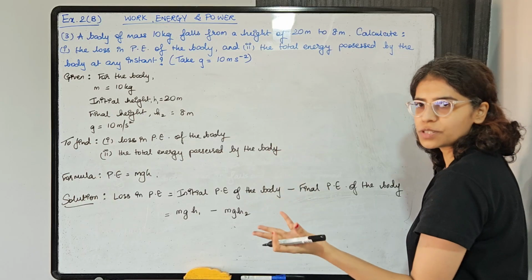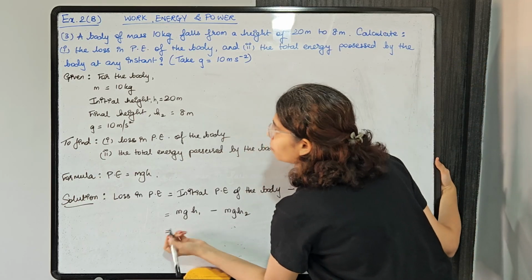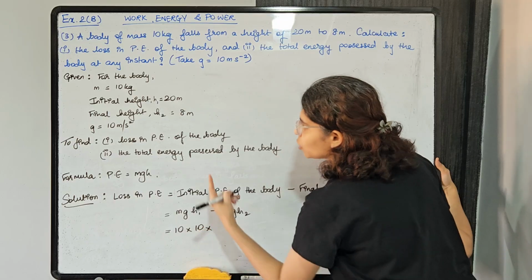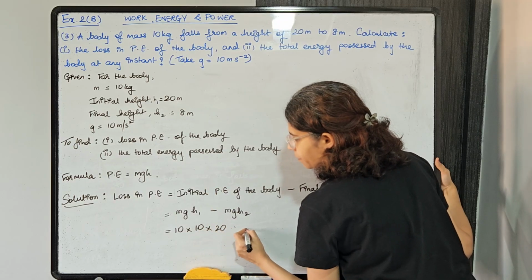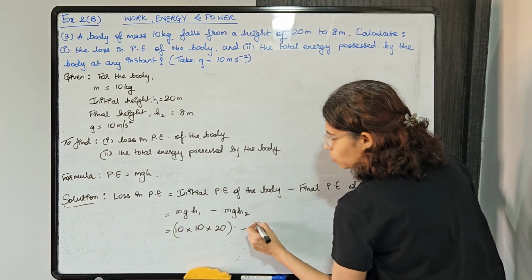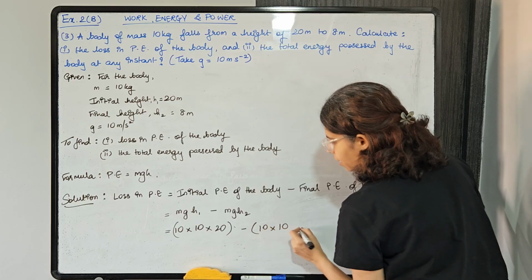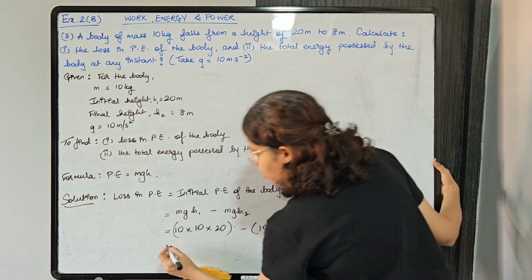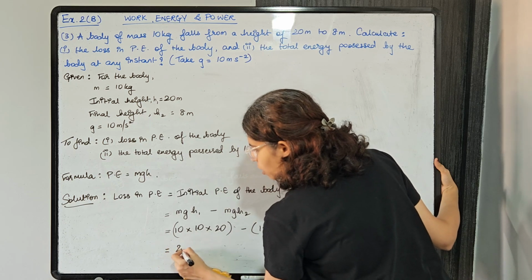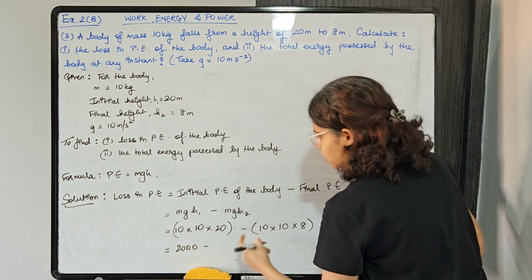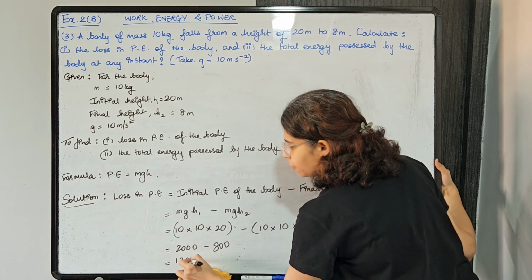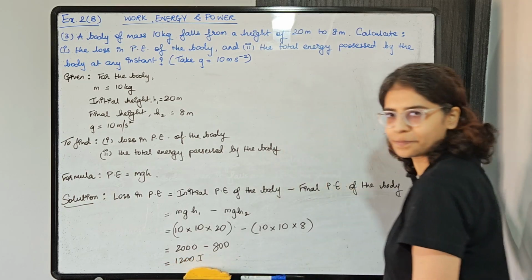Now put the values. So mass is 10, g is 10, initial height is 20, and over here again 10, 10 and 8, final height is 8. Okay, so very easy, this is 2000, this will be 800, 2000 minus 800, 1200 joules.